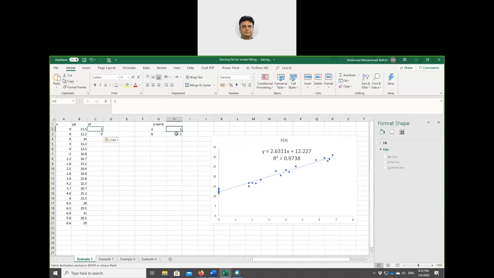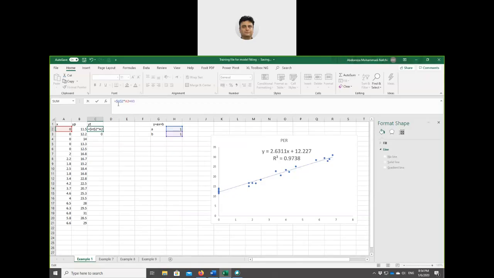If I want to make this constant, I need to spend some money. How? H2 and H3 are constants, so I put the dollar sign before and after the letter, not the whole thing.